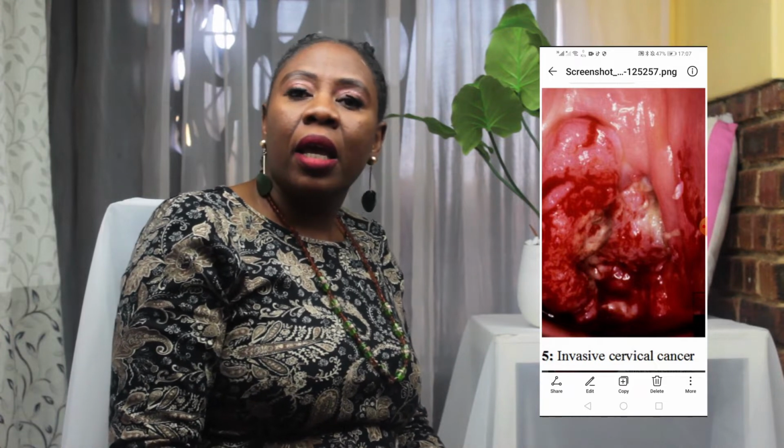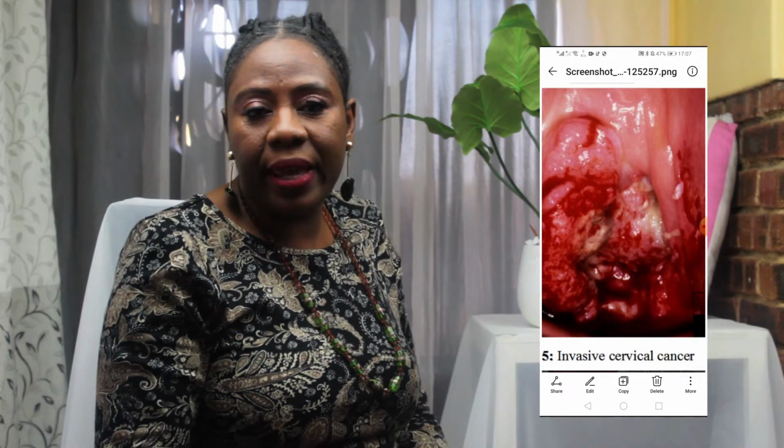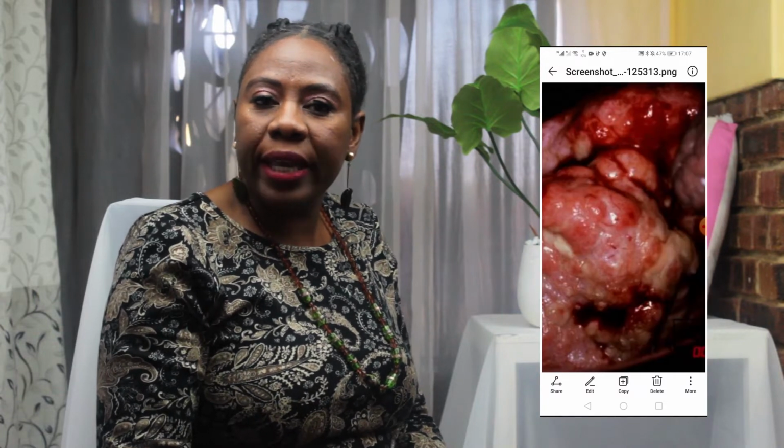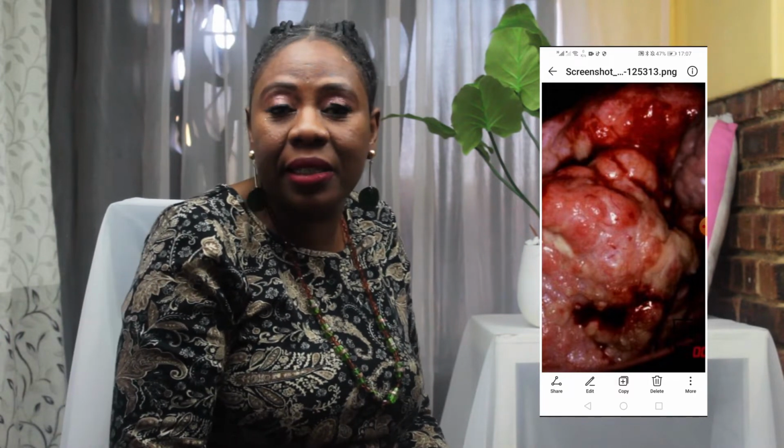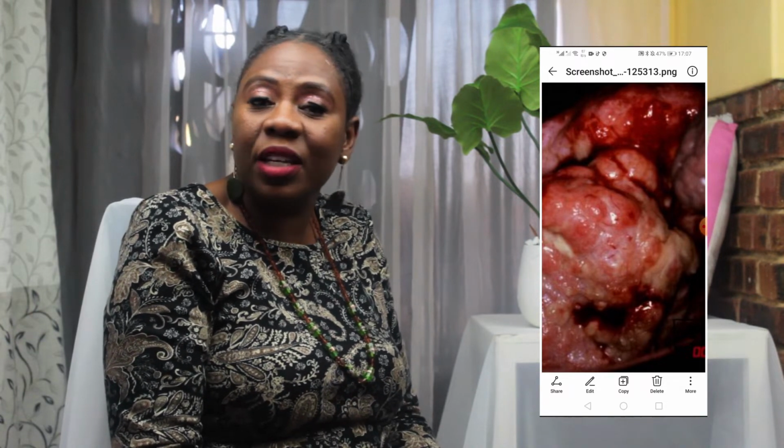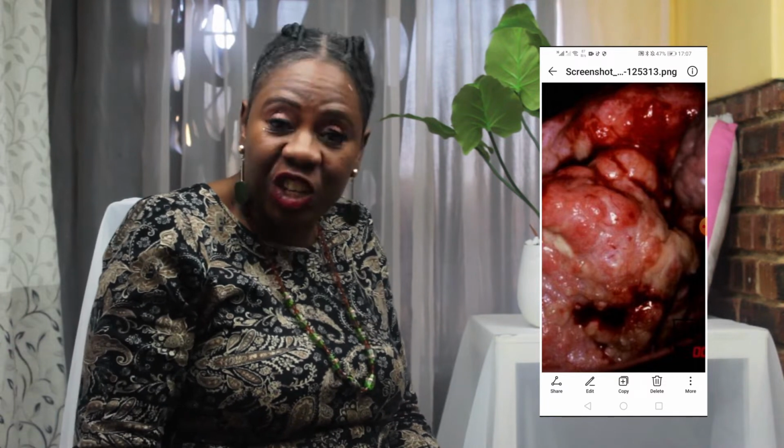We are saying that early sexual debut is one of the leading causes. You might find yourself having 5 children, but you started sexual intercourse when you were younger than 16 years. It is a predisposing factor, because God did not create a human being to indulge in sexual intercourse at a tender age.